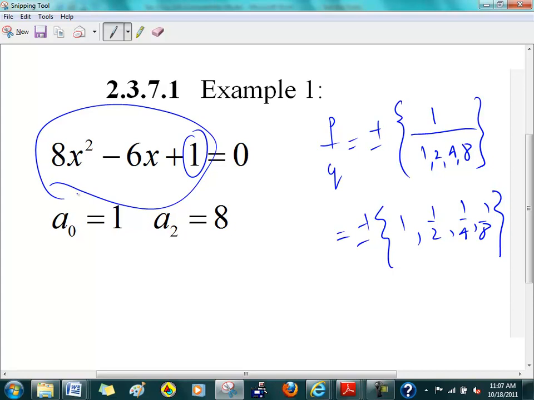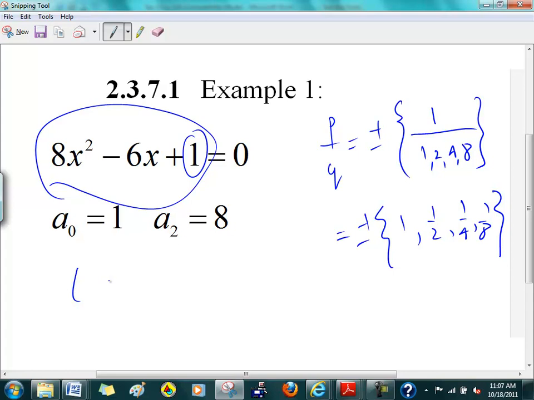It's a quadratic. No, you factor it. Okay, factor it. Do it. Is it minus 4x? Factor it.